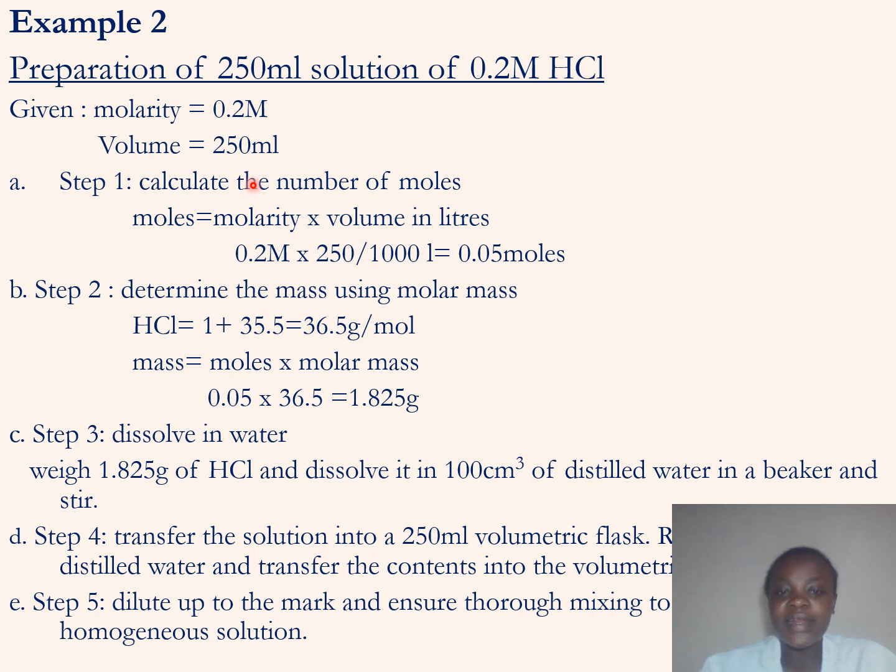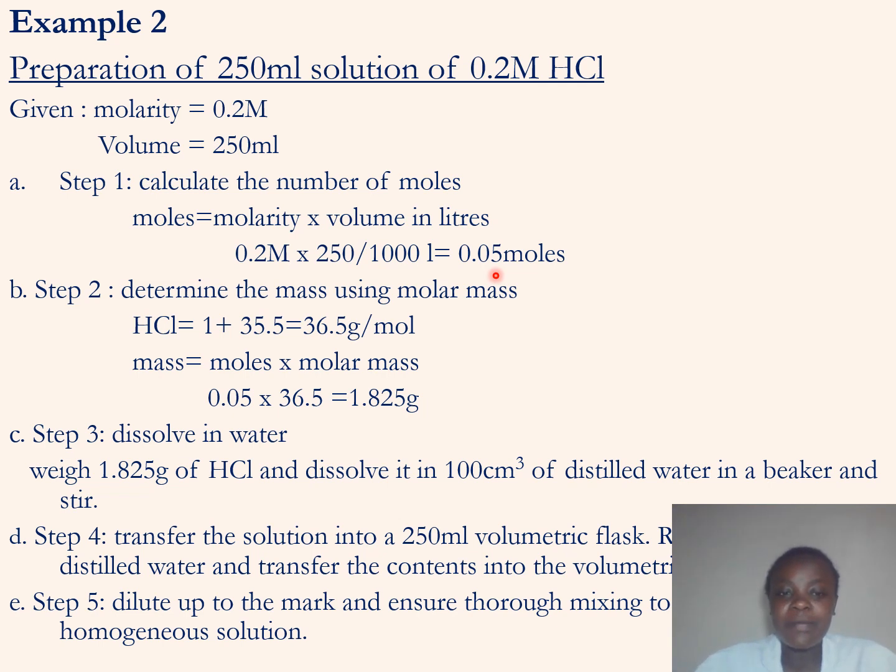So step number 1 here is just to calculate the moles. So the number of moles, using still the same formula, is molarity times volume in liters. So we have 0.2 molar multiplied by 250 ml converted to a liter, so divide by 1000, to give us 0.05 moles.